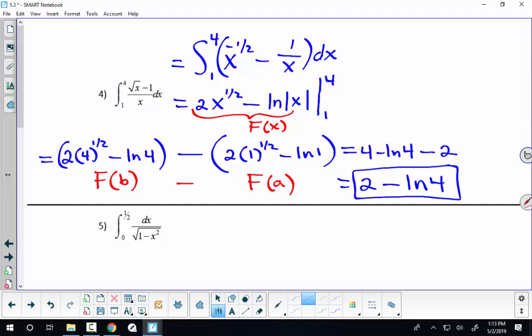The advantage of these things is once we find the antiderivative, we can always check, did I take the antiderivative correctly? Because the derivative of capital F should give me back my original function in front of the integral. So that's sort of the trade-off. They're harder to deal with, but they're easier to check that you actually did it right. With derivatives, you just had to hope you applied the rules correctly.